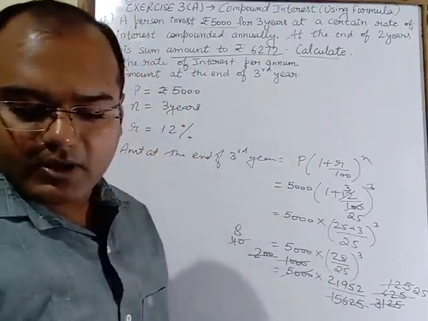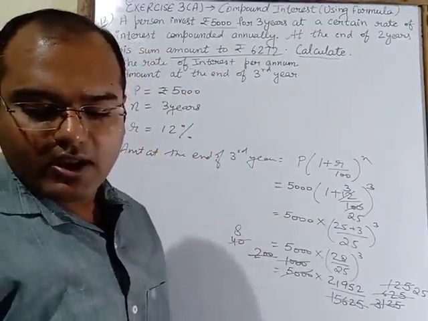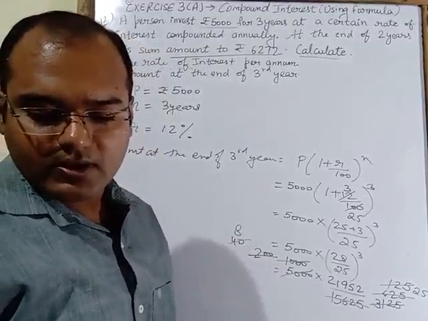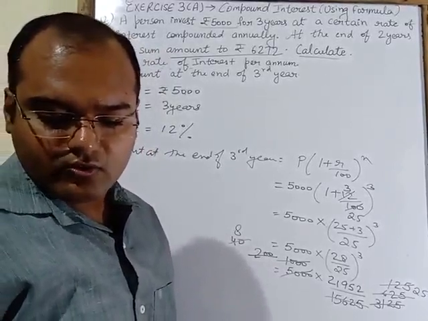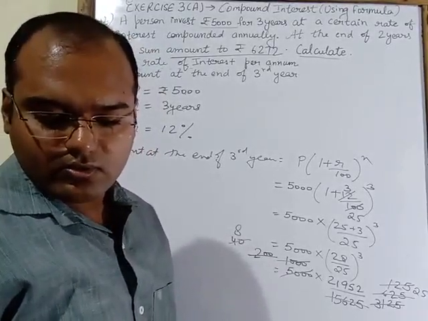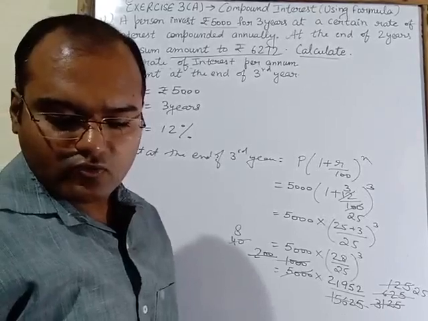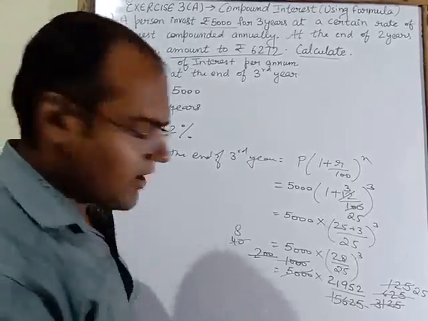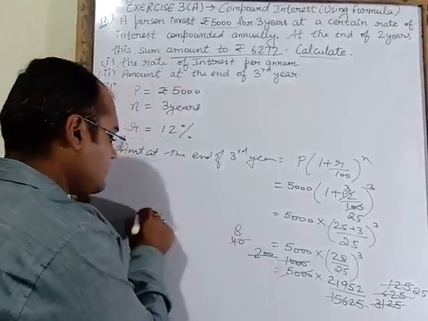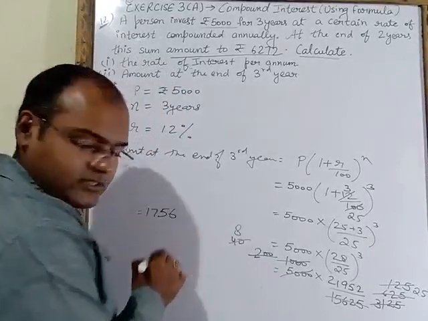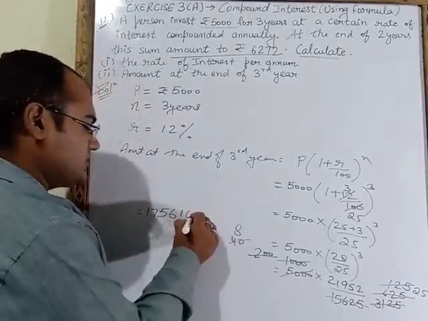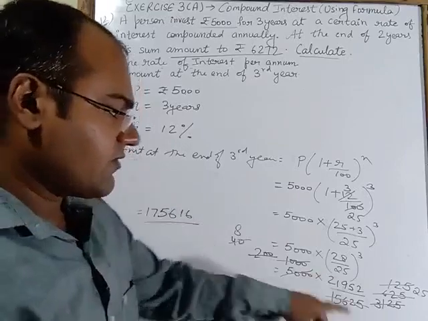So 8 multiply with 21952. Answer will be 175616. Under denominator, what is this?